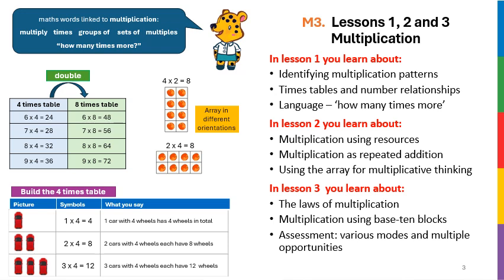Okay, I've introduced this image as an array, and we have seen that there are 4 rows and 2 columns. So what I usually like to do with very young children, it always works, is to get them to understand what a row is. A row goes from left to right or right to left. And I would get them to use their arms to actually make a line from right to left or left to right.